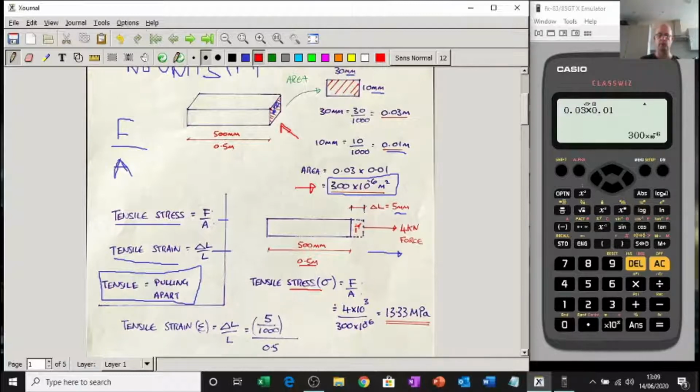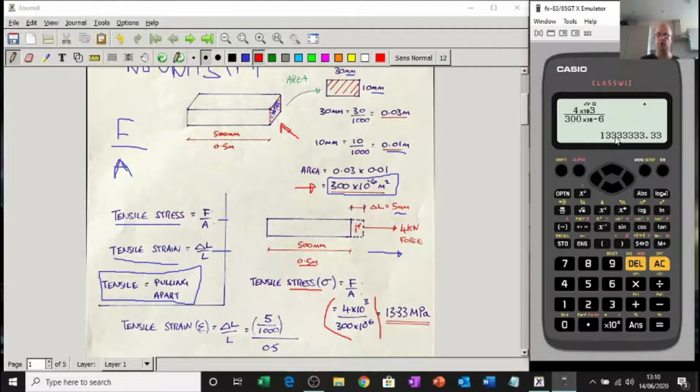So I'm doing force over area. The force is 4 kilonewtons, or 4,000, divided by 300 times 10 to the minus 6.